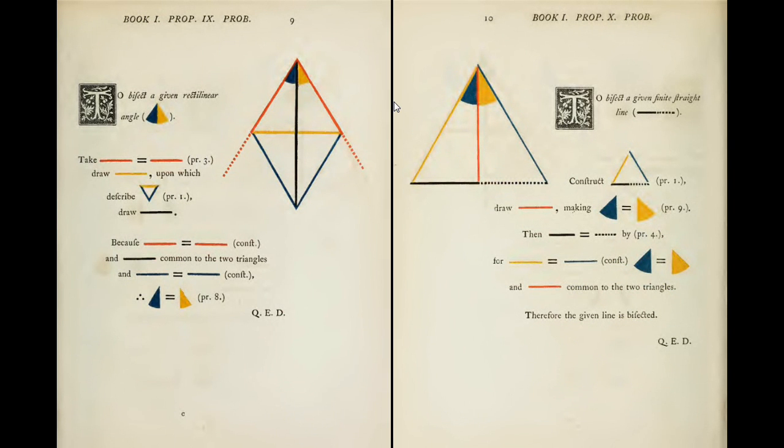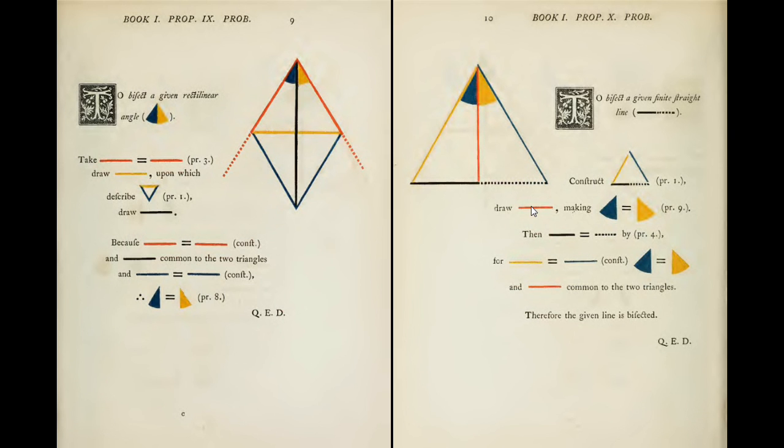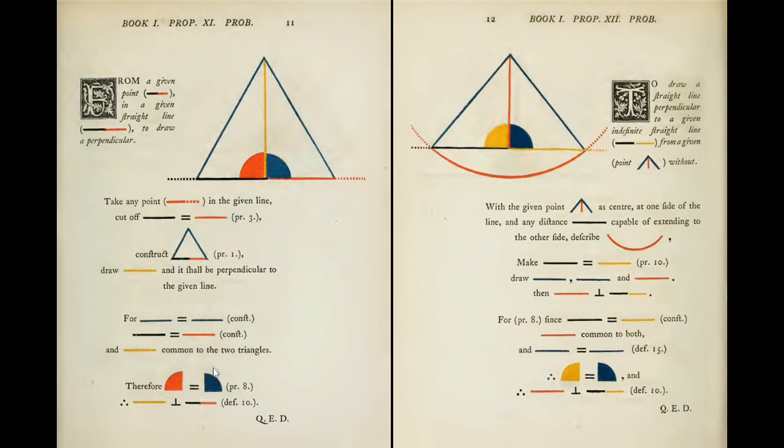Problem 8 says, okay, is that right? Problem 8? Equal angles. How does this relate to problem 8? These angles are equal. Oh, therefore all angles are equal in the two triangles.